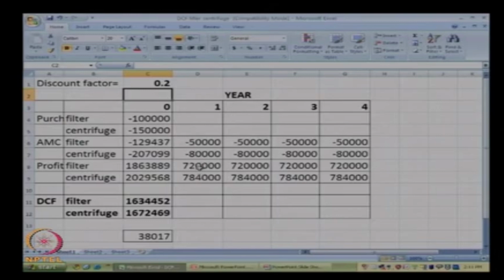So you have around 60,000 more every year having a centrifuge than a filter, and if the discount factor keeps coming down, this difference gets enhanced in today's value.